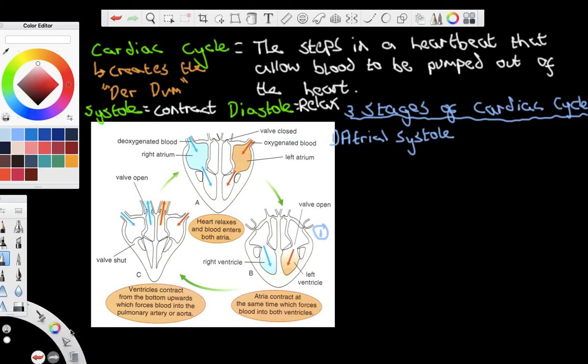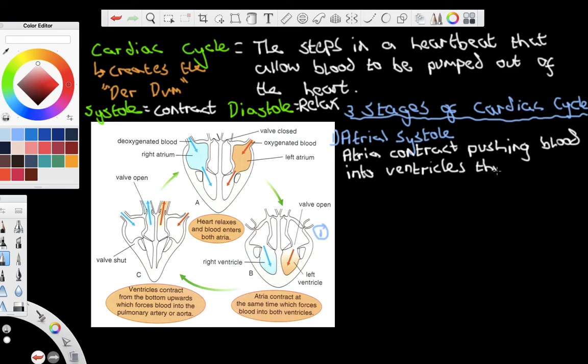So atria contract, pushing blood into the ventricles through the valves. Blood is pushed from the atria through the valves into the ventricles because the atria are contracting.